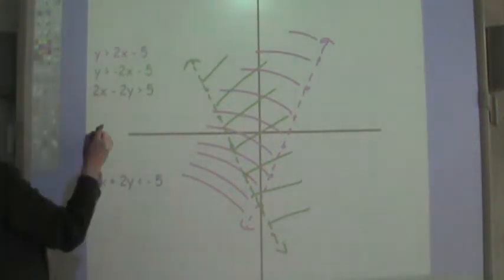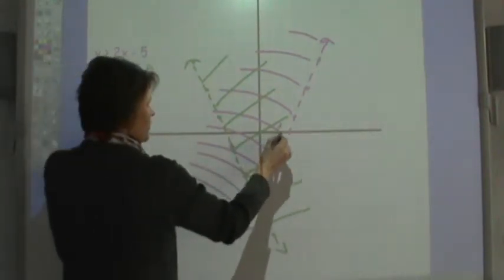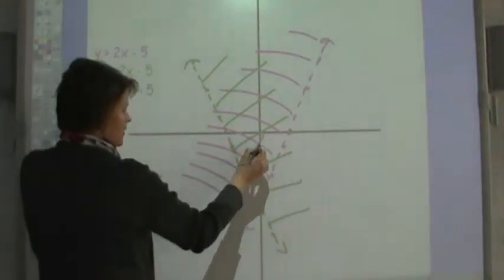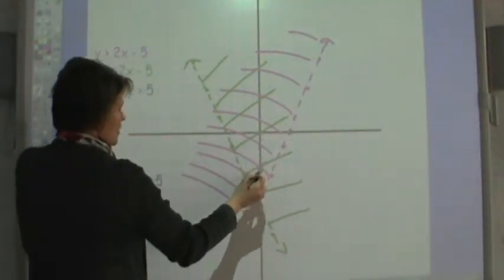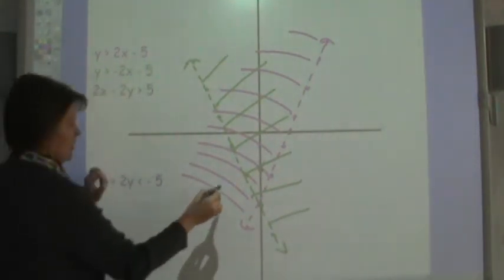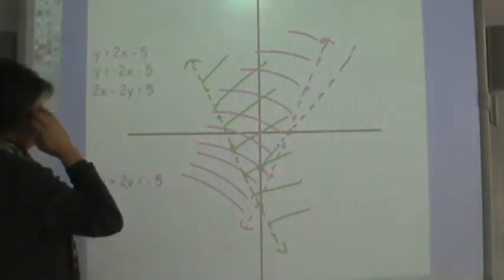We got gray. Okay, so X-intercept is 2.5. Y-intercept is -2.5. And if we test the origin, it's false. So first I gotta draw my line here. Is that right?